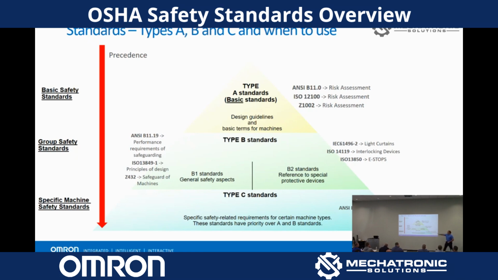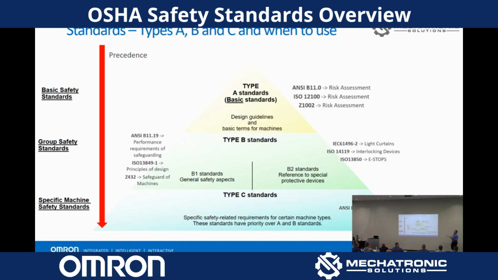That will have everything you need, and it takes precedence over these other documents. That's a good place to start. If there is not a specific C standard for what you're making, which may be the case since many of you are creative and do cool things with automation, then you default to the more general and go one up to the B1 standard.